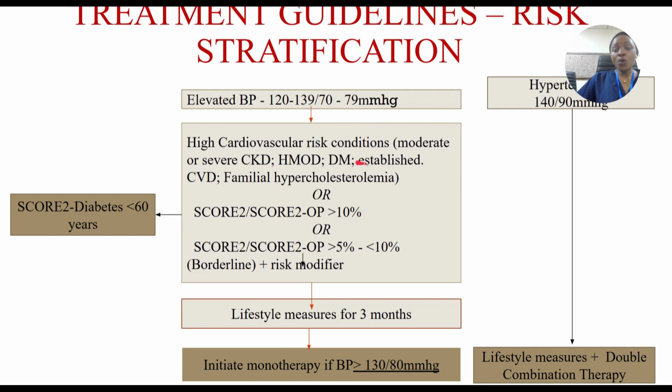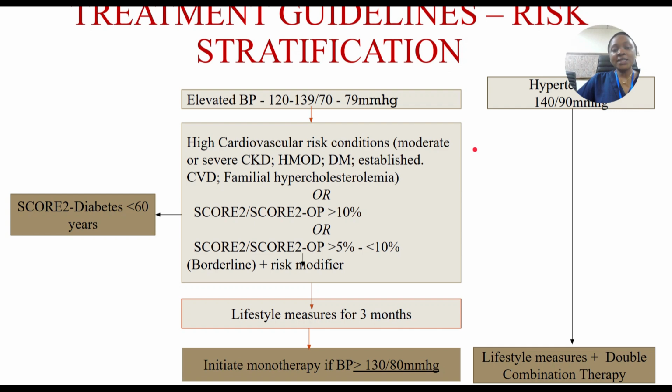Do they have type 1 or type 2 diabetes mellitus? Do they have signs of established cardiovascular disease like previous myocardial infarction, for instance? And do they have familial hypercholesterolemia? If this applies to an individual with elevated blood pressure, they are classed as being high risk automatically.